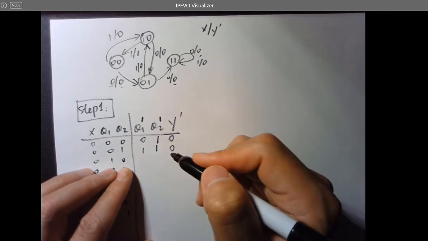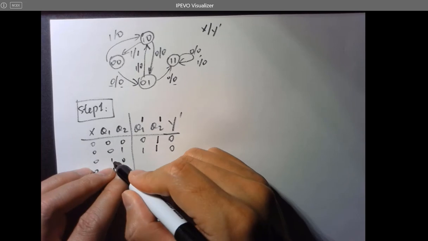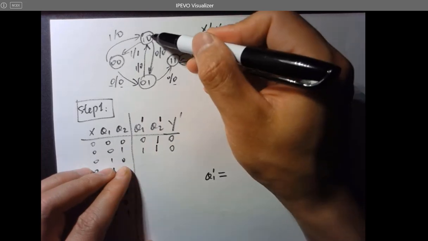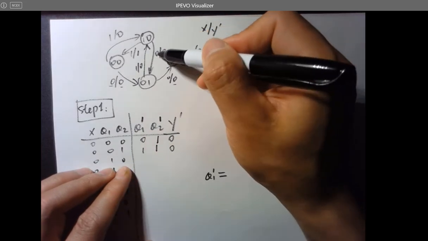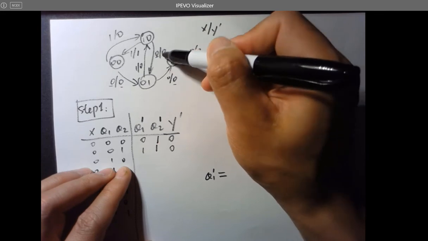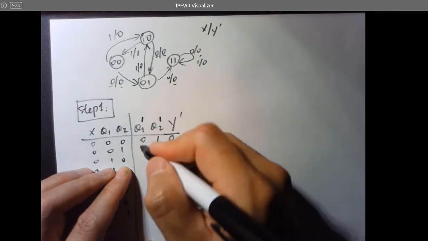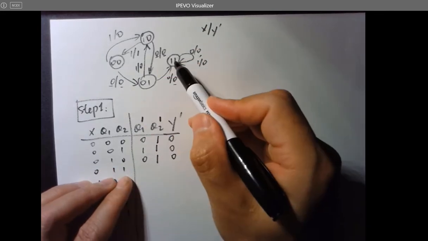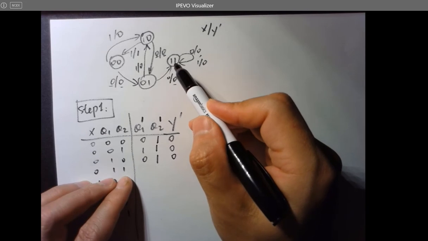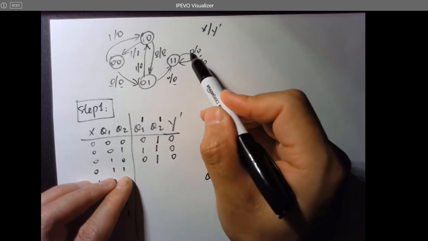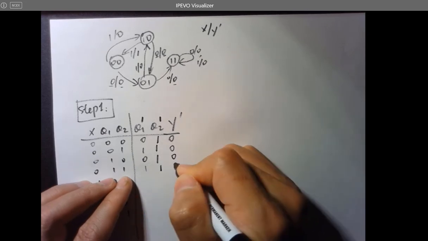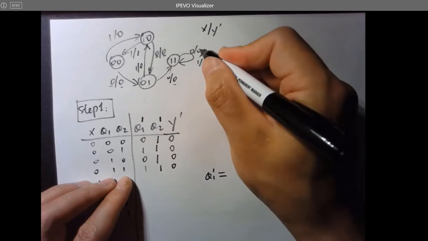Now for the next: when Q1, Q2 is 10 and x is 0, y will be 0 and it jumps to 01. When Q1, Q2 is 11, it's going to stay here. Doesn't matter, x is 0, right? So it stays at 11, and the output will be 0.